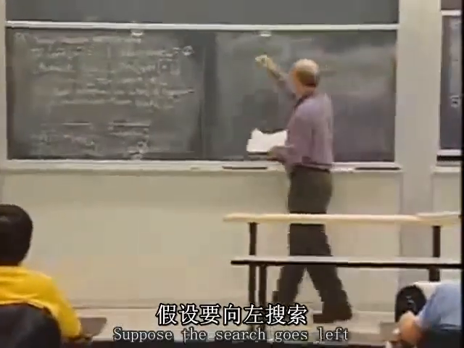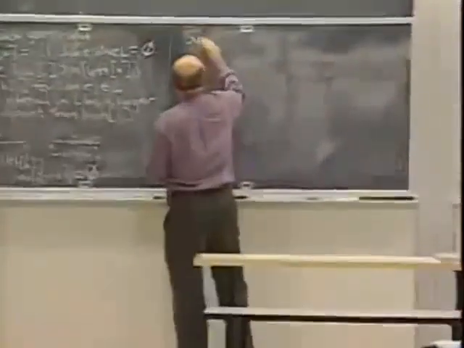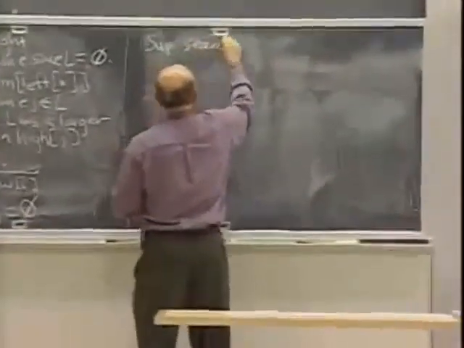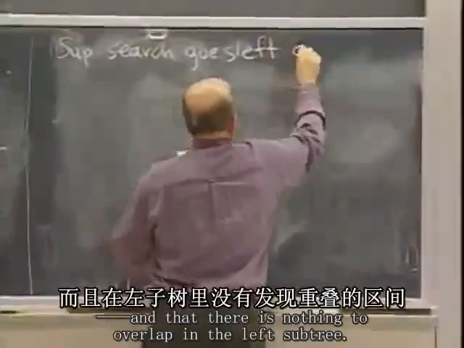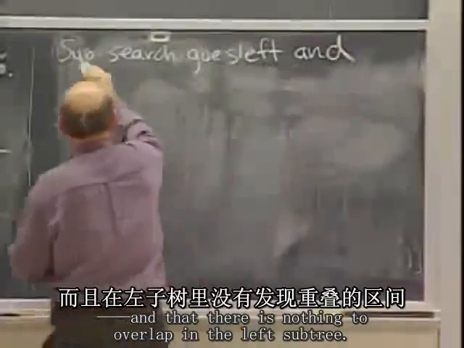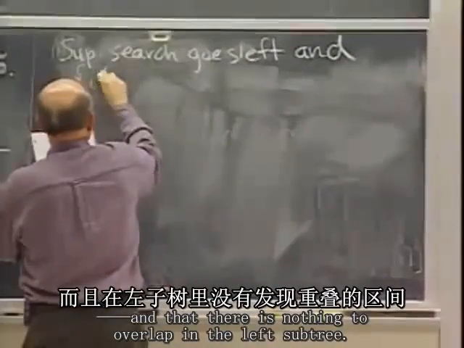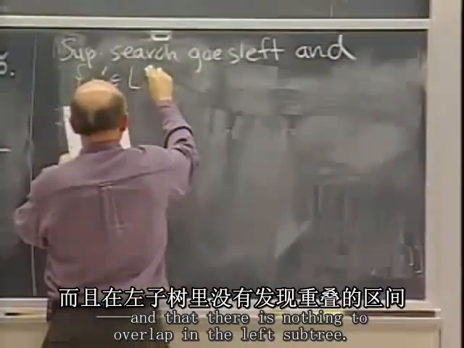Okay, suppose the search goes left and that there's nothing to overlap in the left subtree.